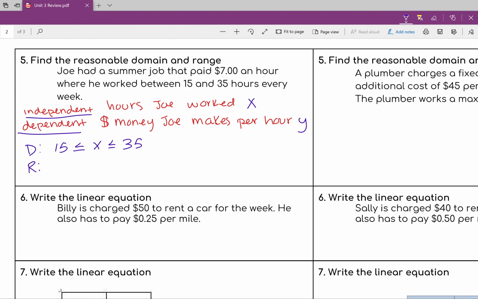If he works 15 hours and he gets paid $7 an hour, 15 times 7 is 105. So he would make 105 ≤ y ≤ 35 times 7, because that's how much he would make if he worked all 35 hours, $245. This is a continuous function.